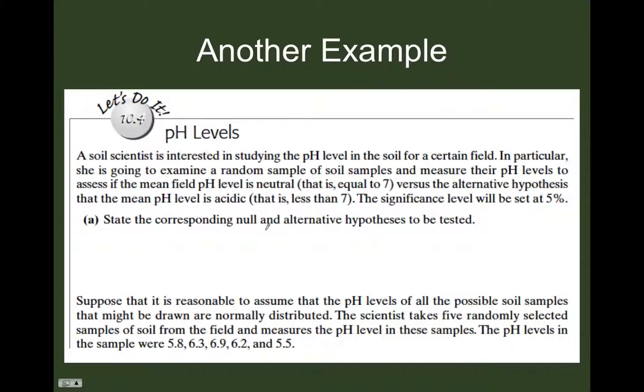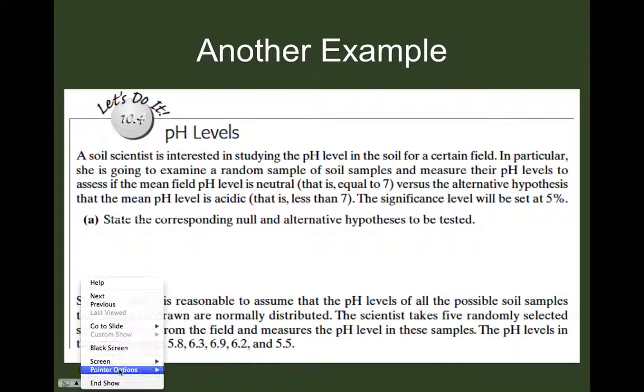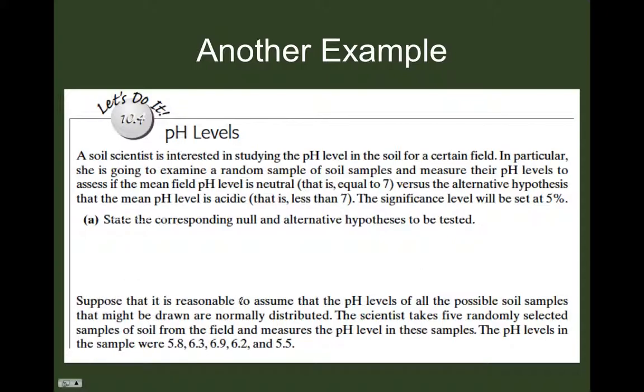Let's go back and talk about this pH problem again. Rather than doing a hypothesis test here, another way to think about this type of problem is, can we actually use the data instead?